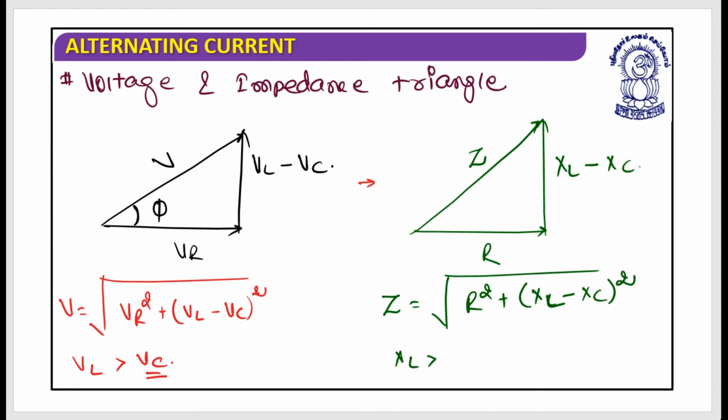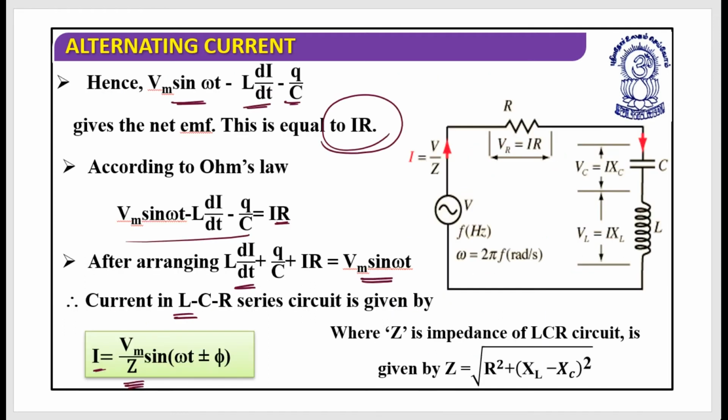Here it has been assumed that XL is greater than XC. I hope this is clear. So I is equal to Vm by Z sine omega t plus minus phi. It's plus minus phi because at that point we don't know exactly which one would be higher, which one would be lower. And impedance Z could be given as under root of R square plus XL minus XC whole square. I hope this is clear.